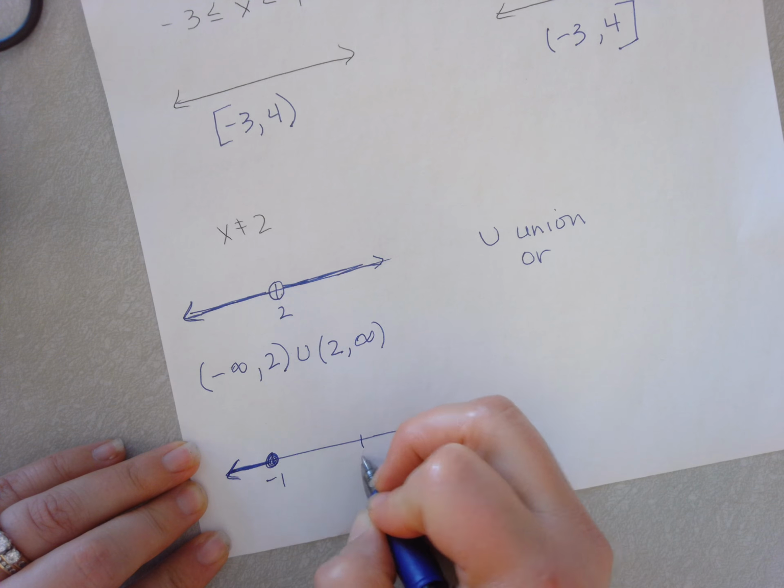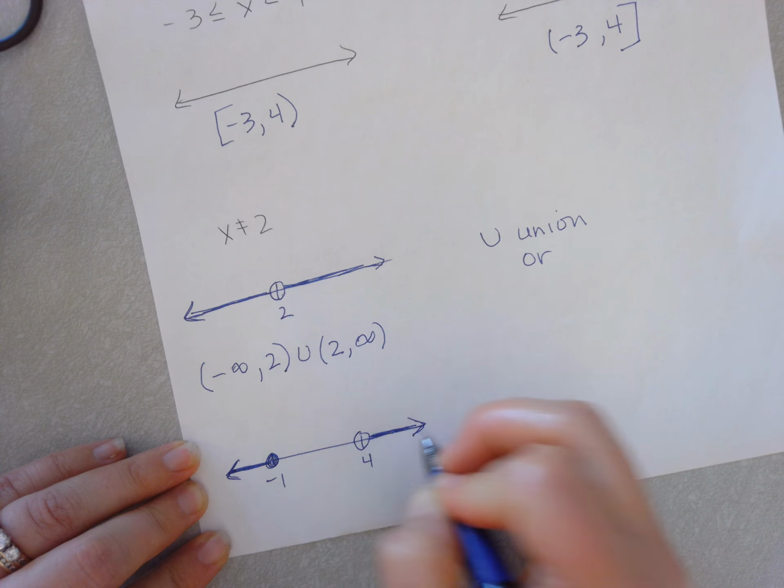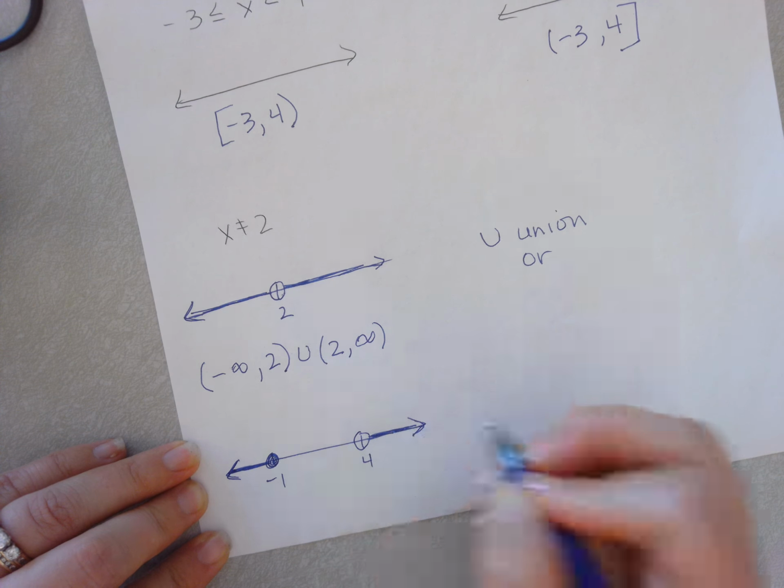So let me just draw some other types. I'm just going to draw the number line. So let's say I have a -1 here, and this is a closed circle, and it's going in this direction. And I have maybe a 4 here, and this is open and goes in this direction. Okay, so here I have a break, so that means I'm going to have a U between them.